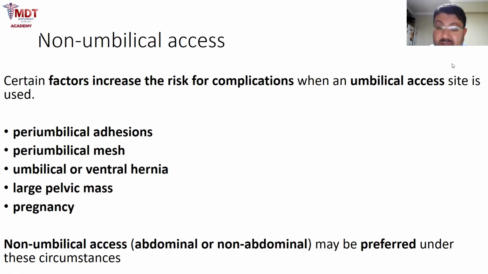The patient also may be pregnant. The uterus will be larger, as you know, in pregnancy. So in these situations, the surgeon will prefer non-umbilical access sites. It may be abdominal or non-abdominal under these circumstances.